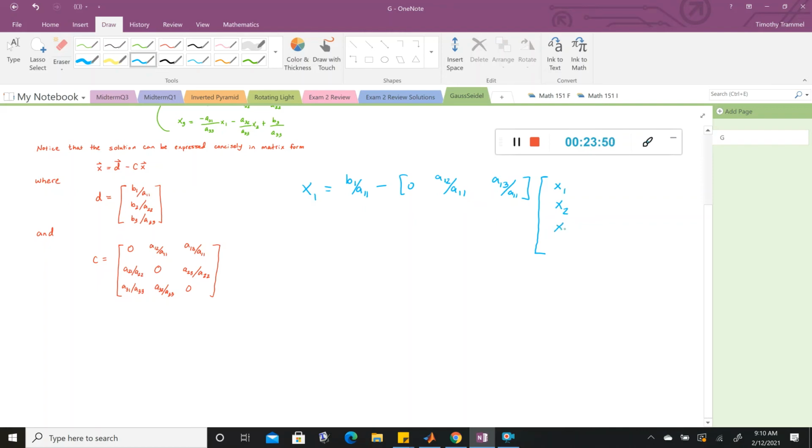Okay. And we did this that way the dimensions matched up, because this one here is a 1 by 3, while this is a 3 by 1, and we need those inner dimensions to match, and they do.